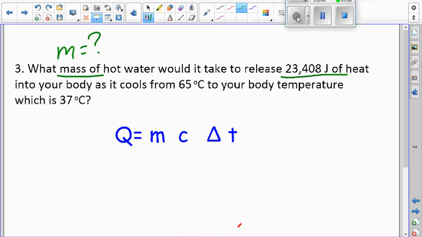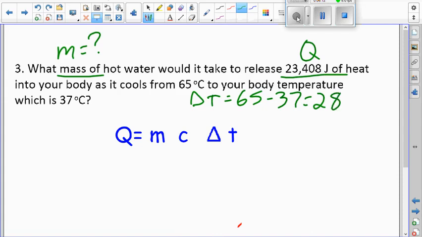23,408 joules, well, that's definitely a Q. Your body temperature, we're given 65 and 37. So again, we're going to use those combined. We're going to find the difference to find our delta T. Okay. So delta T is going to be 65 minus 37.